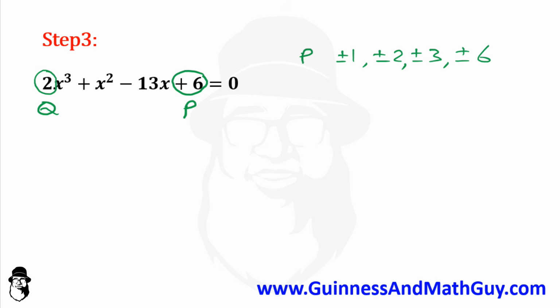For Q, it's 2, so only plus minus 1 or plus minus 2 can be the factors of Q.